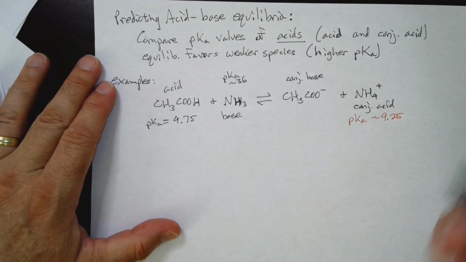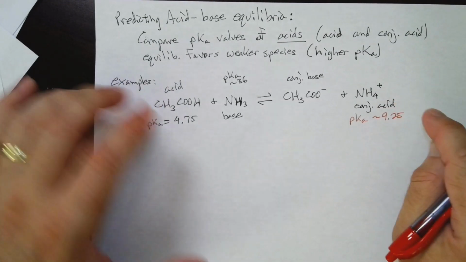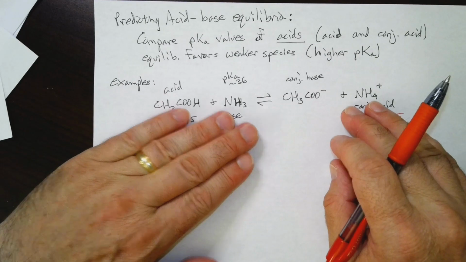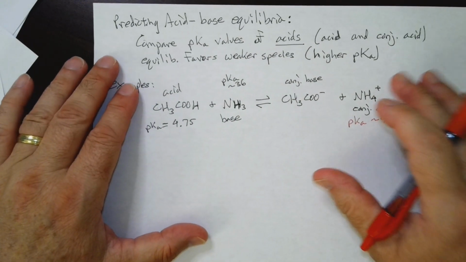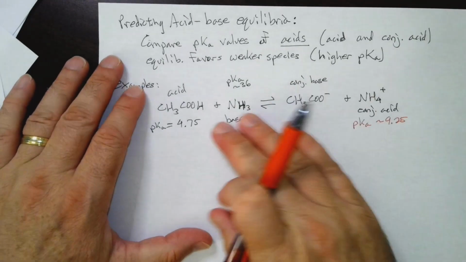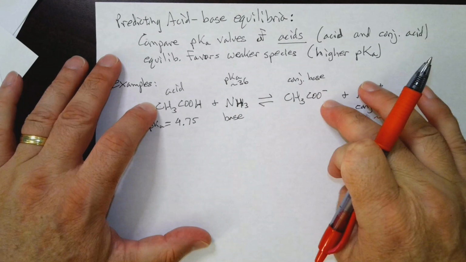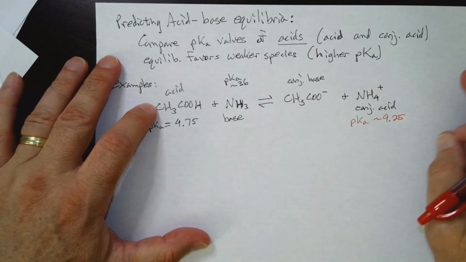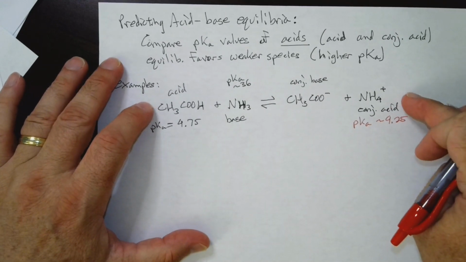So what does that tell us? Well, I need to compare my acid and my conjugate acid. So if you're given an equation, figure out what your acid is on the reactant side and your conjugate acid on the product side. What has lost a proton? That's your acid. If it loses a proton, it goes from acid to conjugate base. Whatever gains the proton, that was your base and is now the conjugate acid.